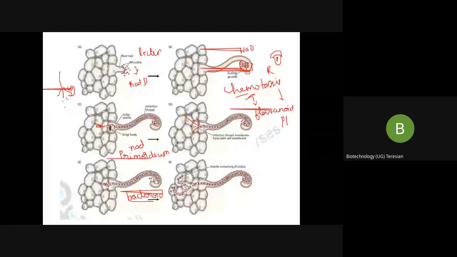Then soon after that, upon signals from the plant, the bacteria stop dividing and begin to enlarge. The signal the plant sends to the bacteria tells them that they have branched sufficiently and divided also. Now what you have to do is enlarge yourself.